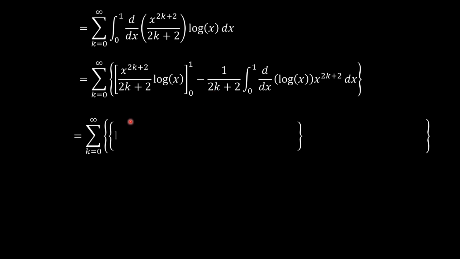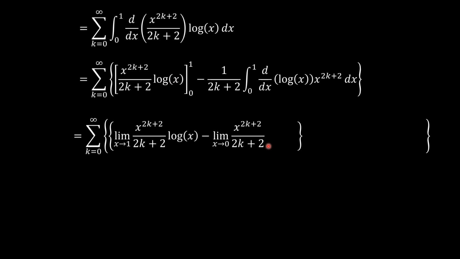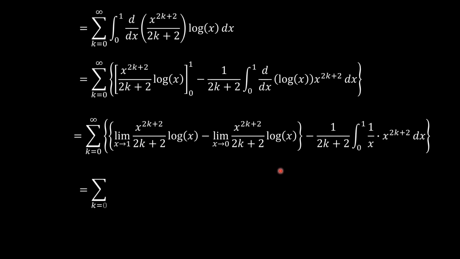And so the limit as x tends to 1 of this function, the natural logarithm of 1 is 0, so this entire thing goes to 0, minus the limit as x tends to 0, x to the power 2k plus 2 will be 0 in that instant, and this also goes to 0. So this entire part goes to 0. And what we're left with now is the integral of the derivative of the natural logarithm of x, which is 1 over x times x to the power 2k plus 2 times the negative 1 over 2k plus 2.